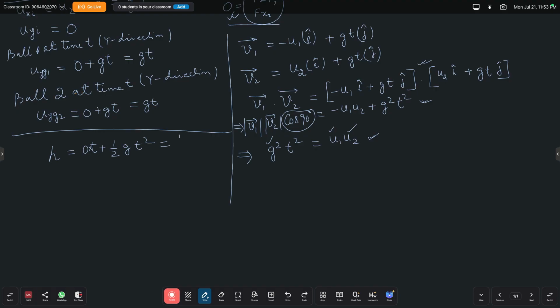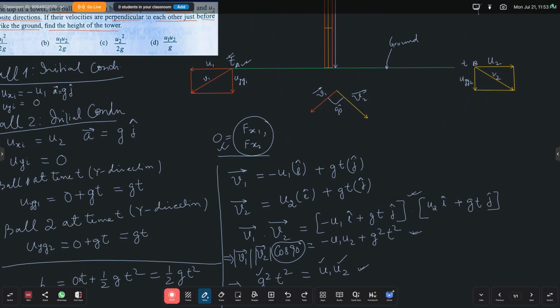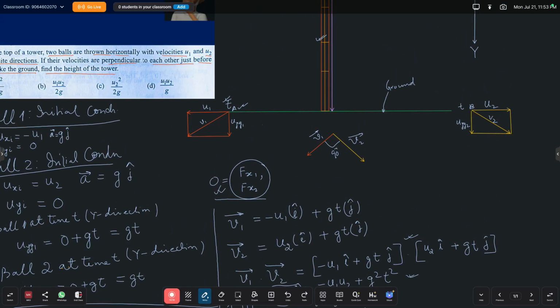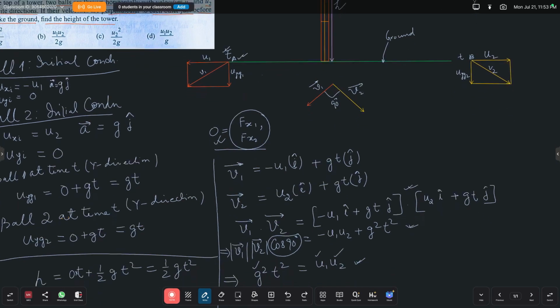So h is basically half g t squared, where h is your tower height that we have to find out.